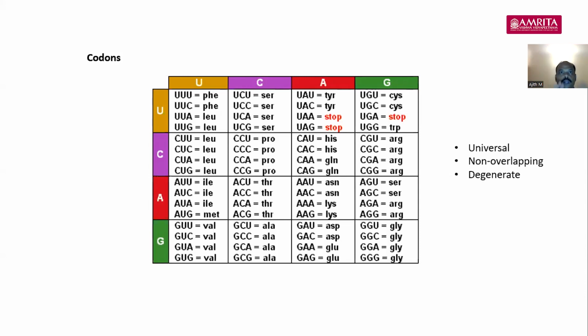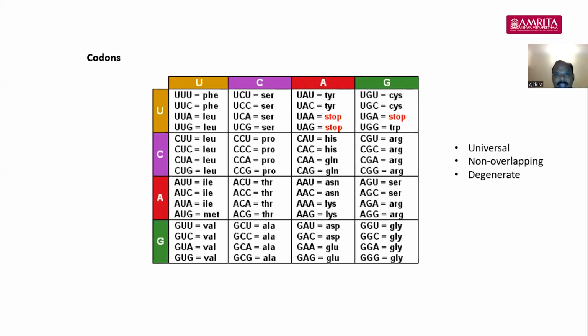Translation actually converts the nucleic acid information into protein information. It is interesting to understand how the information in the nucleic acid is converted to protein information, because the proteins are made up of amino acids and the DNA is made up of nucleotides.